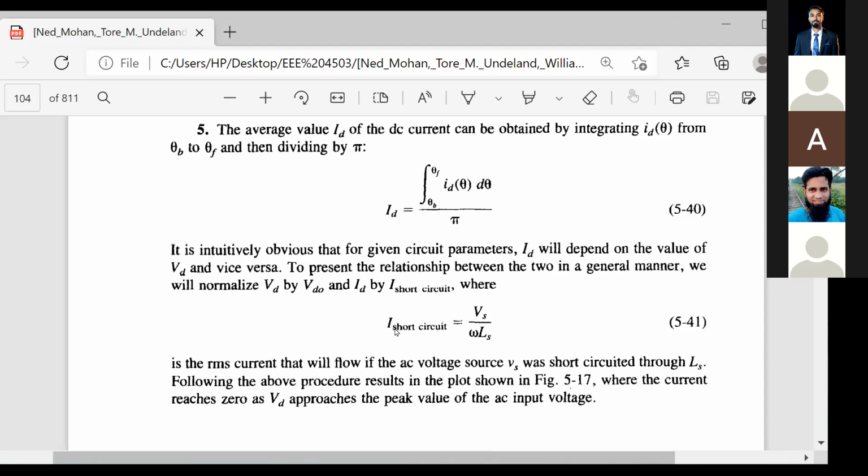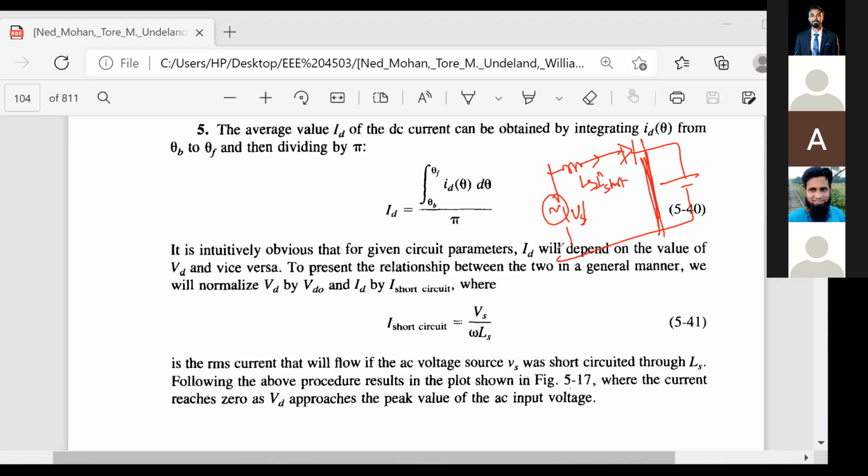Why? Okay, let us again draw that. The simplified one, right? Yes. Then if it is shorted, what will be the value of your short circuit current? The load is shorted. What will be your I short circuit?